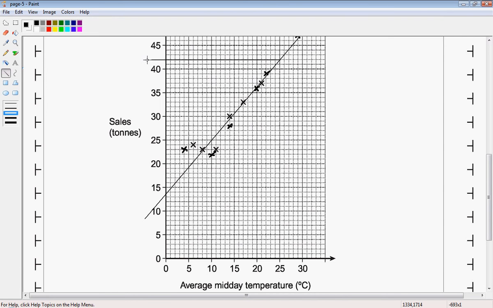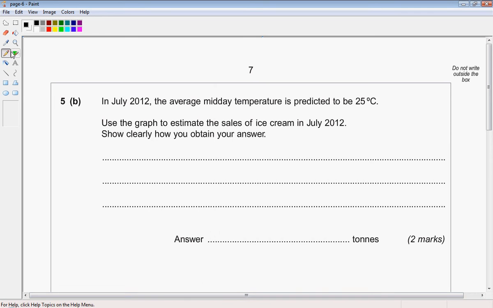Okay, so I would actually put the line in so the examiners can see that I've used the line of best fit here. So now they can see that I've gone to 25 degrees, I've used the line of best fit, and I can take a reading.